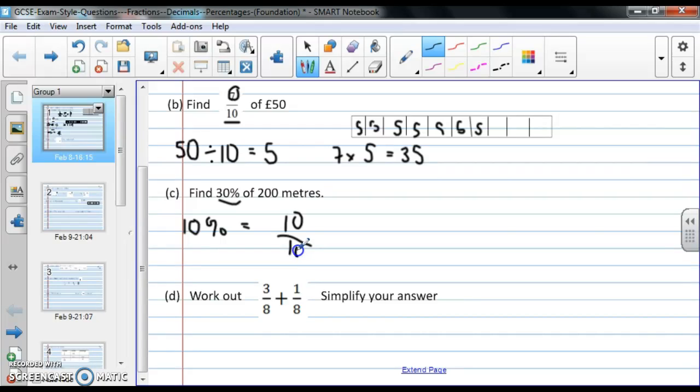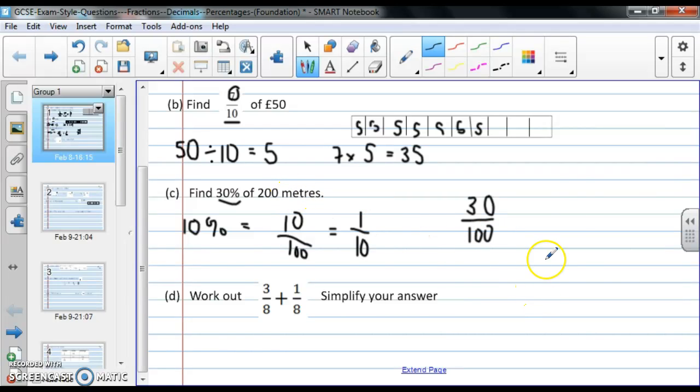If I simplify it, I divide the top by 10 and the bottom by 10, and I get 1 over 10. Then if I want to find 30%, I need to find 3 groups of 10%, or 3 out of 10.